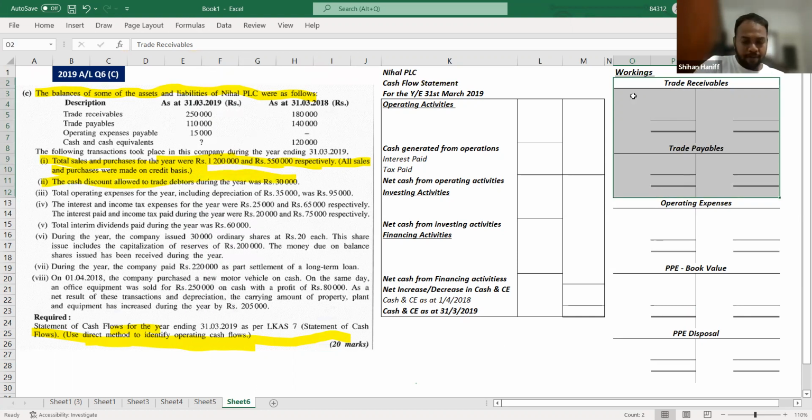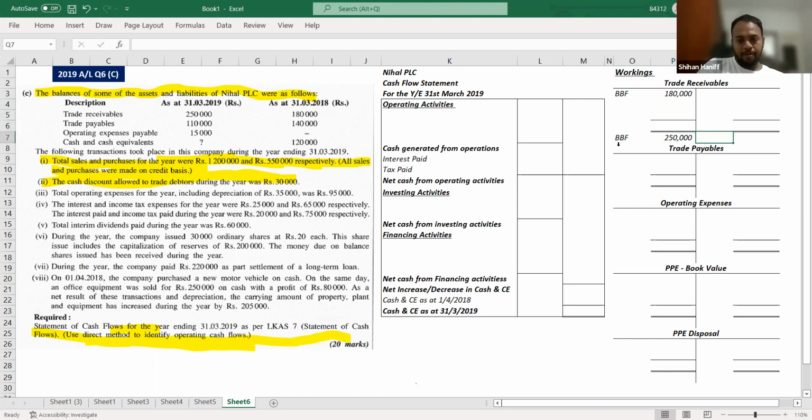Okay, opening balance brought forward 180,000. Let's do in rupees. Closing balance 250,000. Then sales, 1.2 million.